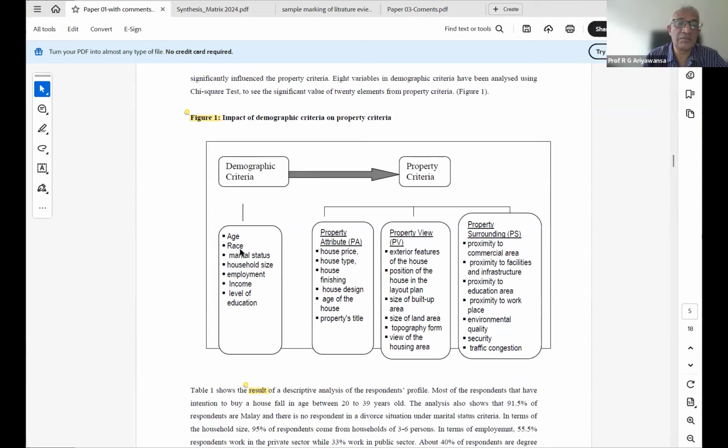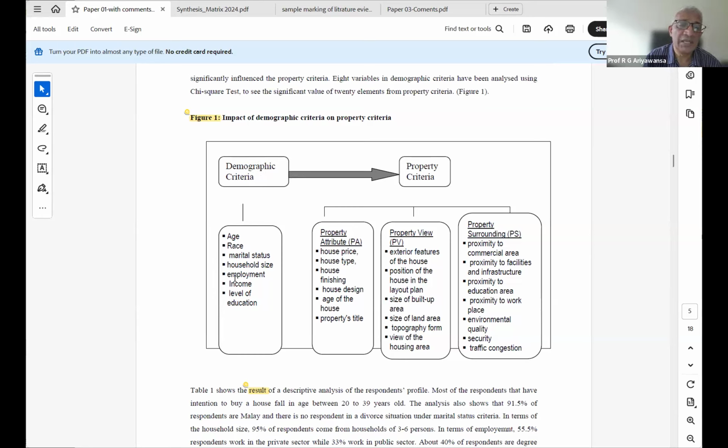So demography in terms of these sub variables, the main variable that is independent, this is the dependent variable based on the changes of this one. So what happens? This property criteria, the purchasing criteria, what criteria are the buyers looking into, all right? The buyers are looking into certain criteria. So certain criteria are decided based on demographic criteria. As per the age, how the sizes, as per the number of population, what the size, likewise, right?